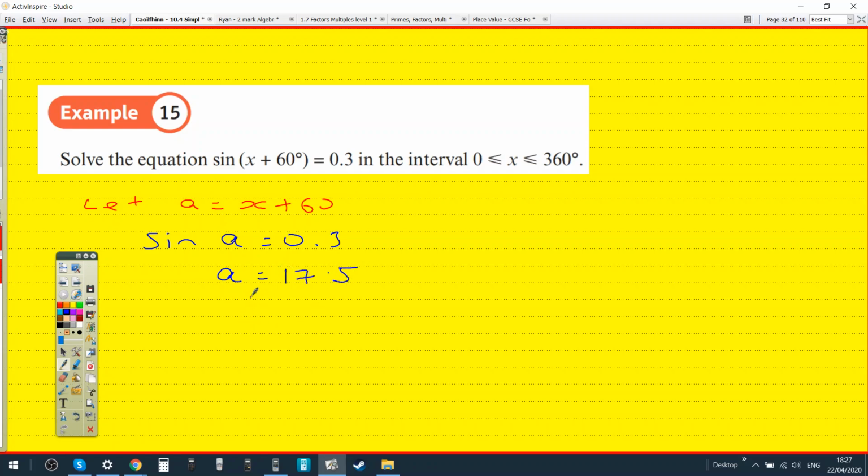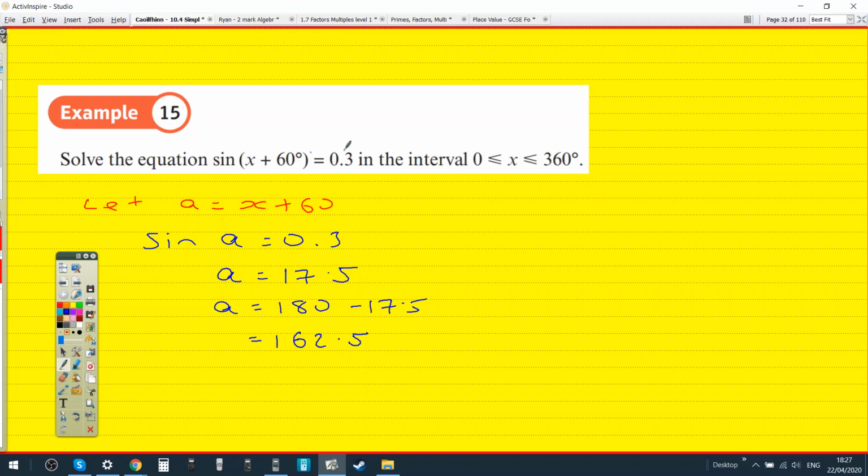So then for sin, do we do 180 minus that? Yep. 180 minus 17.5 is 162.5. And then do we add 180 to that, or does it go out? What is the range? 300?